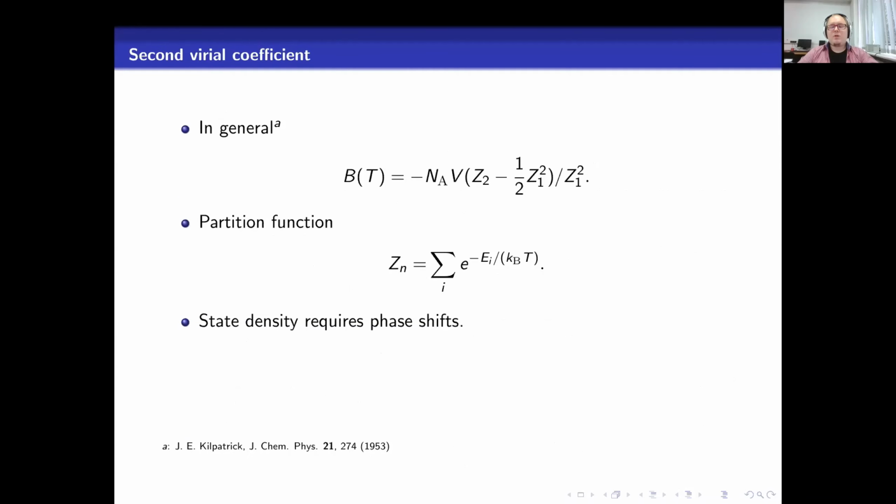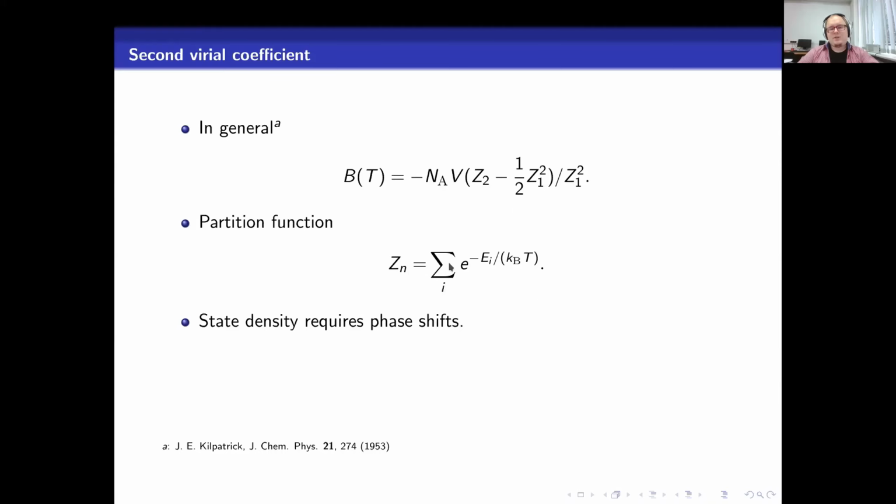Okay, so how to go from these quantum chemistry calculations to thermodynamics? We can describe this second virial coefficient in terms of the partition functions. The partition function can be either expanded classically, which is a very simple formula, or we are interested more in quantum forms.